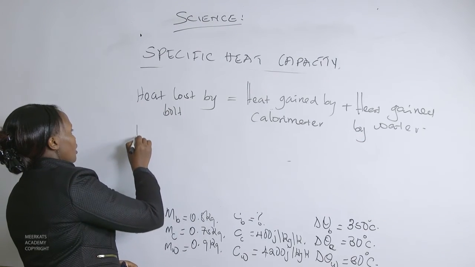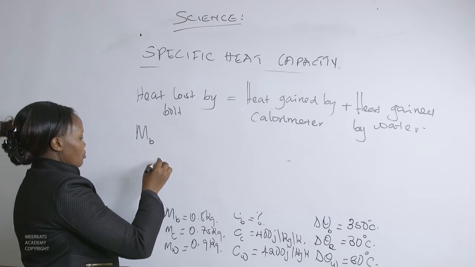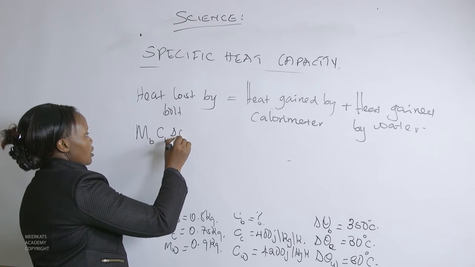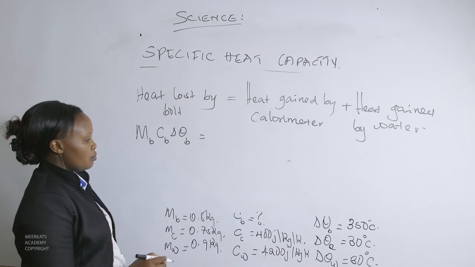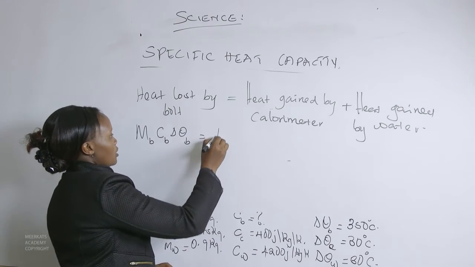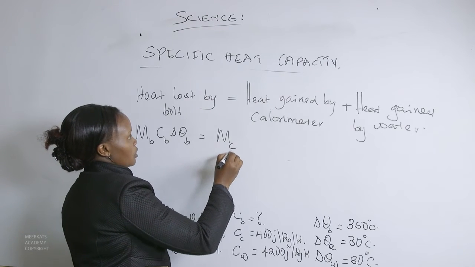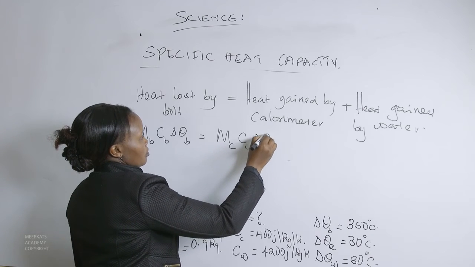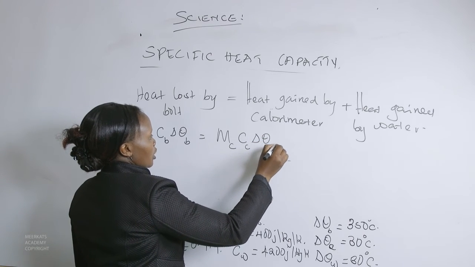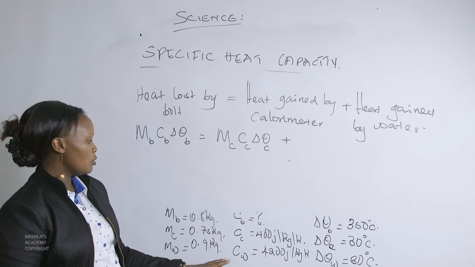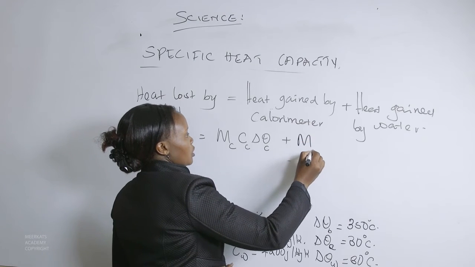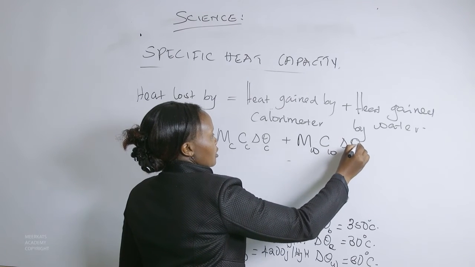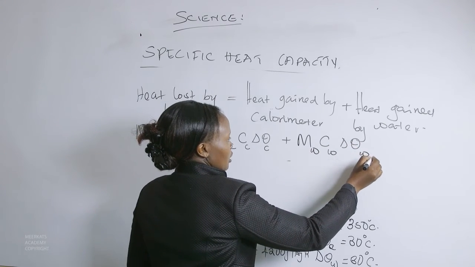Therefore, the mass of the bolt multiplied by the specific heat capacity of the bolt and the temperature change of the same should be equivalent to the product of mass of calorimeter, specific heat capacity of the same, change in temperature of the same, added to the mass of water multiplied by its specific heat capacity and the subsequent rise in temperature.